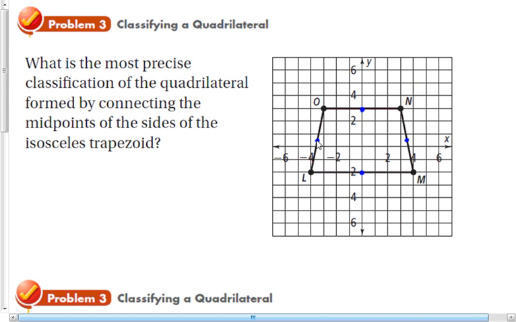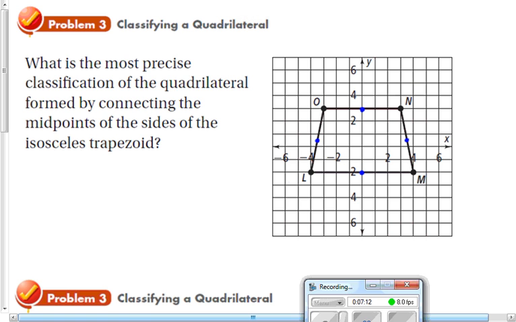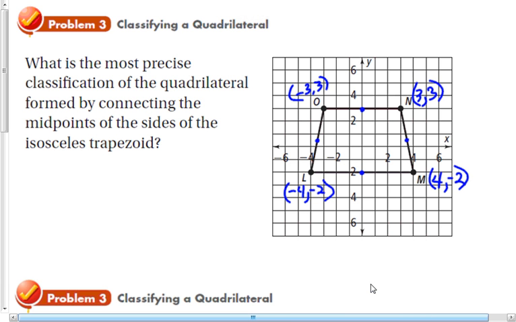Now I just need the coordinates of those, so I'm going to use the midpoint formula to get those. Just as an example, let me write down the coordinates of all these points. So to get this midpoint right here, I'm going to have to do negative 4 plus negative 3 divided by 2 to get the x-coordinate. That's negative 7 divided by 2, which is negative 3.5.